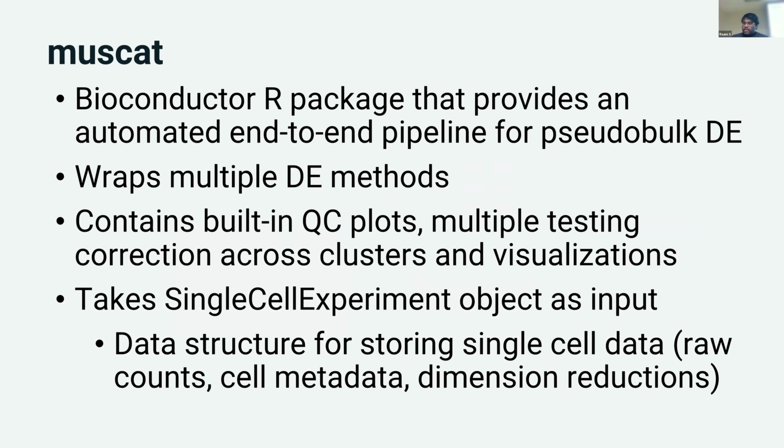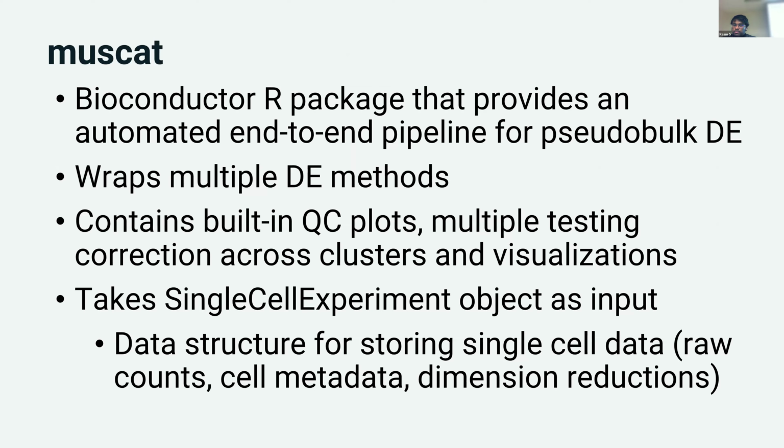So today we'll be going over a workflow called muscat. It's an R package available on Bioconductor that provides an end-to-end pipeline for pseudobulk DE analysis in multi-sample and multi-condition single-cell RNA-seq data. It handles preparation, aggregation, testing, and visualization, all in a few function calls.